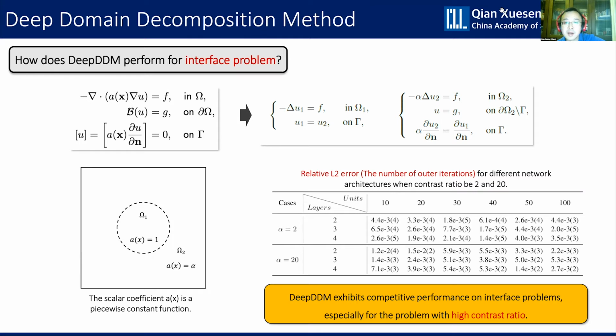For example, when the contrast ratio is 2 or even 20, the L2 error is around 10 to the power minus 3, and the iteration number is also very small. So here we can conjecture that our method may have very good performance on the interface problem.